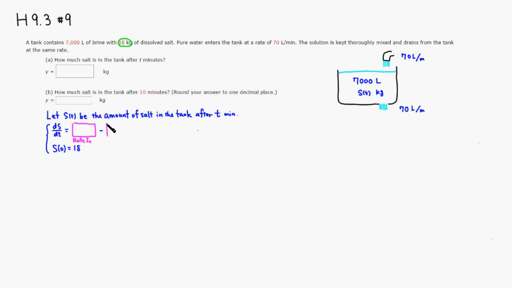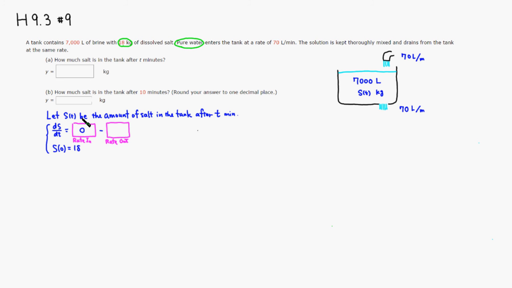All right, so what will be the rate in? Here's the clue. You can see that pure water is entering the tank, which means that you're not really adding any salt to it. So the rate in is going to be actually 0.